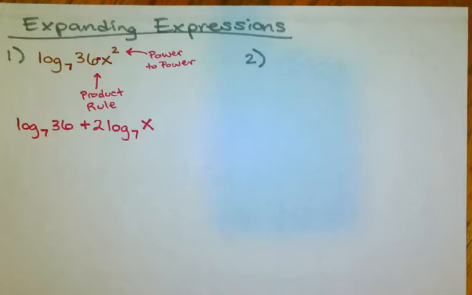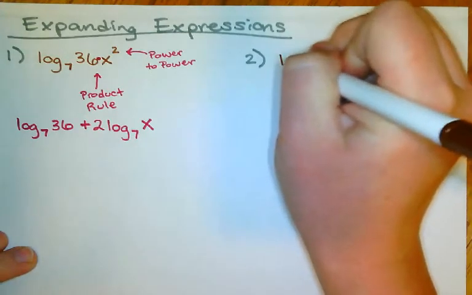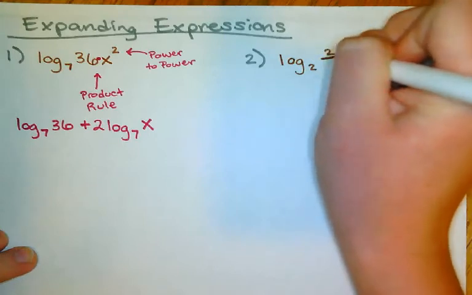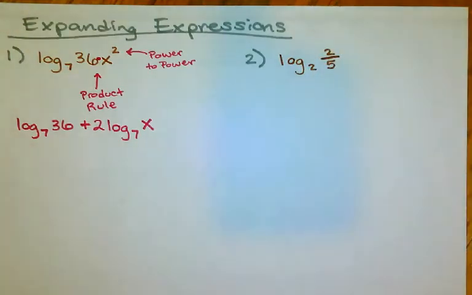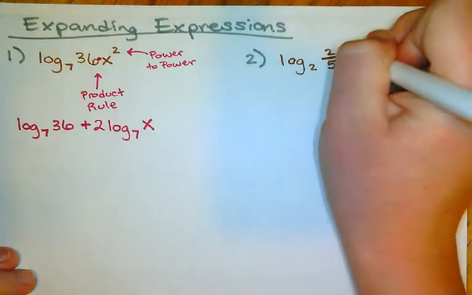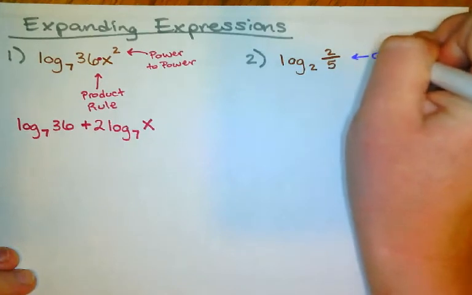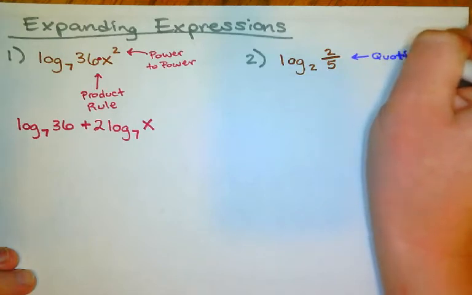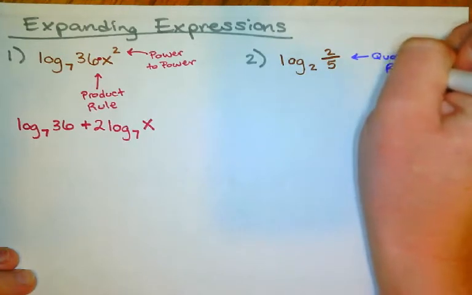Let's take a look at another example. Let's say we've got log base 2 of 2 over 5. We want to expand this. Now, what do you see here? Division. Very good. So we are going to use the quotient rule.